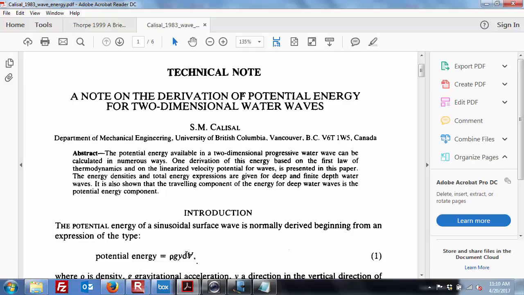So rho times delta V is mass, and then y is h. So that equation is energy equals mgh. So again, you go right back to our fundamentals. That's the potential energy in the wave.